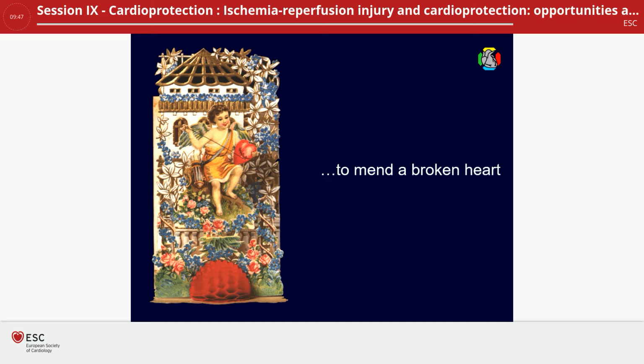But definitely stroke also benefits from a remote conditioning procedure. I'm not aware of a study in unstable angina. However, unstable angina involves platelets very much, and platelet-leukocyte aggregates, and those are reduced in number by the remote conditioning protocol.